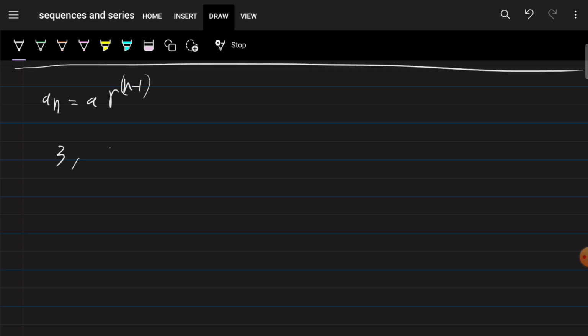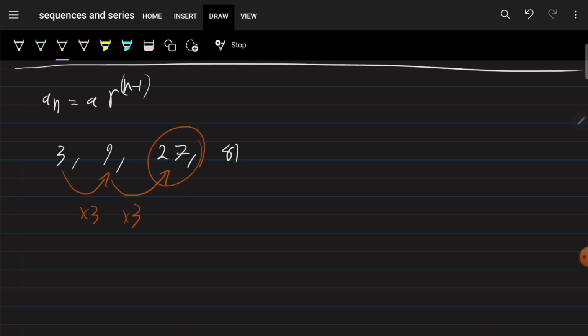So it was 3, 9, 27, 81. If I want to figure out what term 3 is, as an example, I can do that by having a look at the first term and counting how many times it's being multiplied by the common ratio of 3.